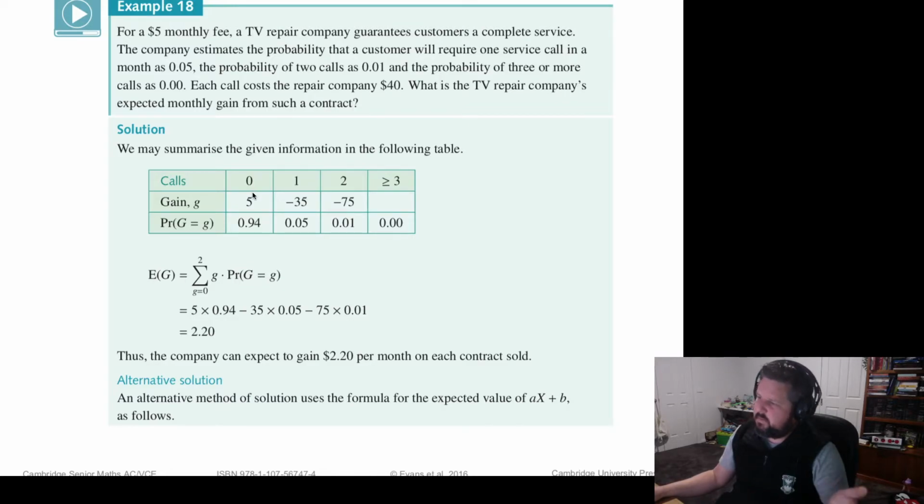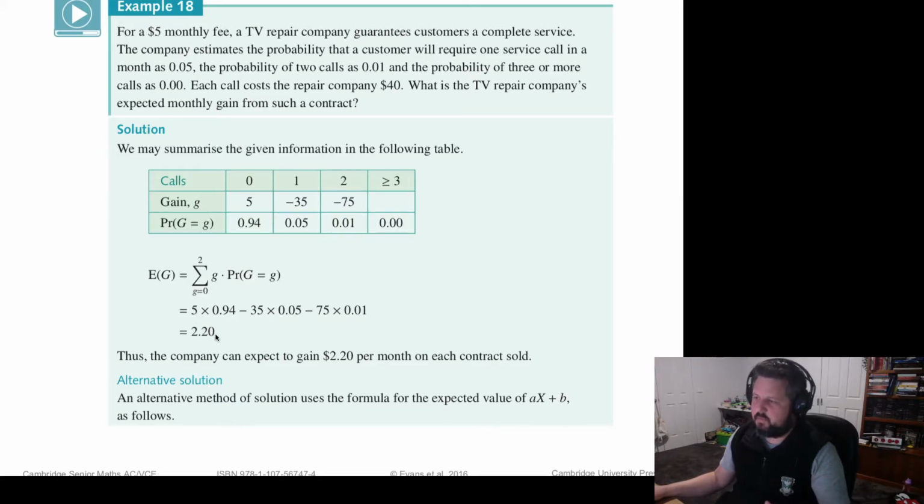So we're only summing up into these values to work out that expected value. 5 times 0.94 plus negative 35 times 0.05 plus negative 75 times 0.01.